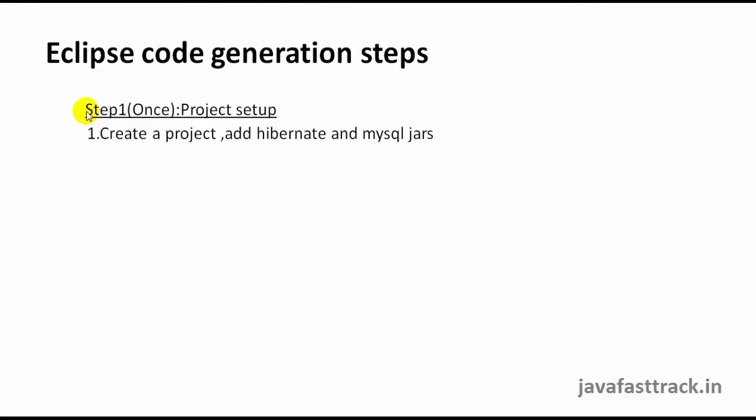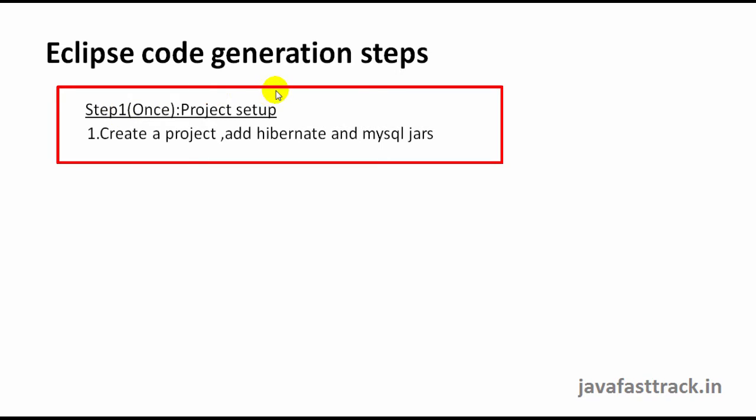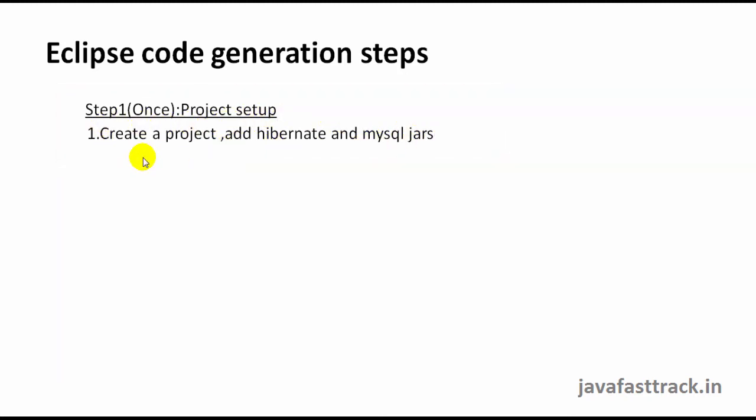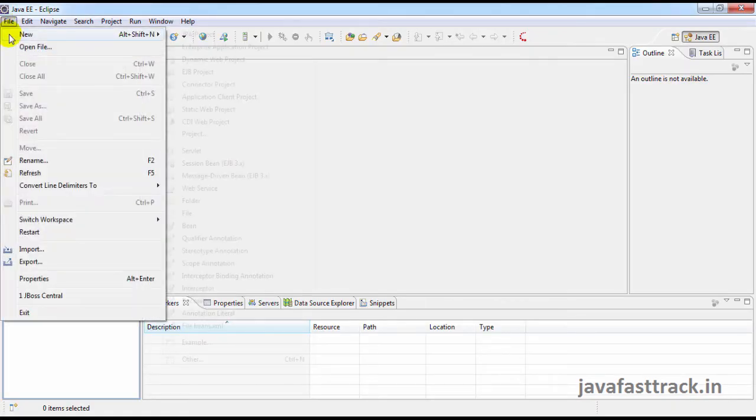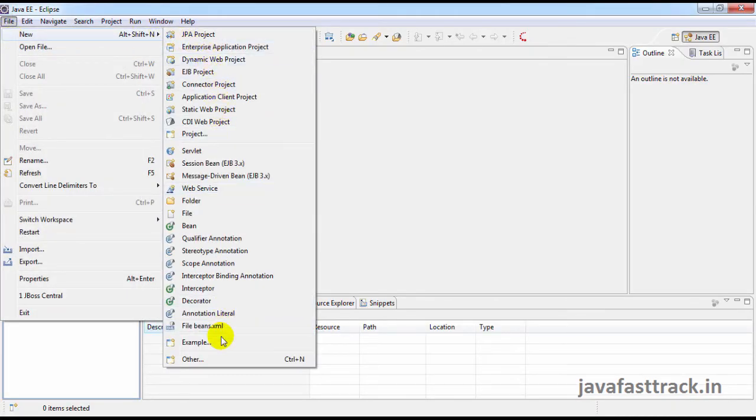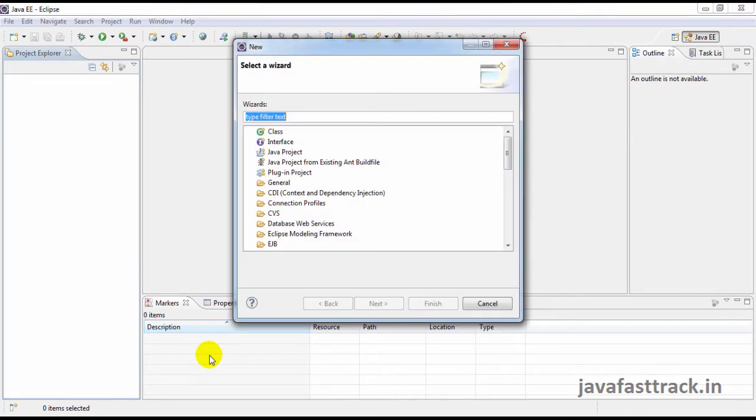I'll start with step 1. Step 1 is the project setup, which consists of creating a project and adding the Hibernate and MySQL jars. Go and create a simple Java project.